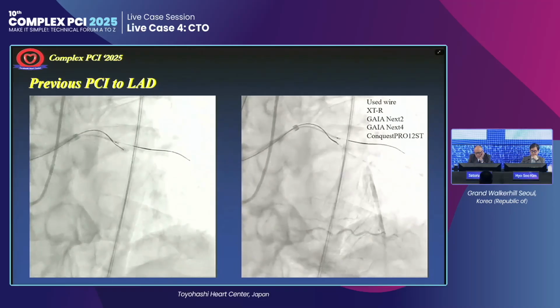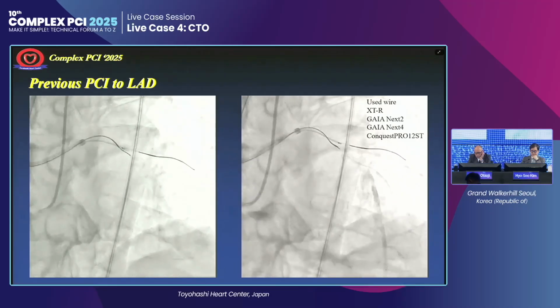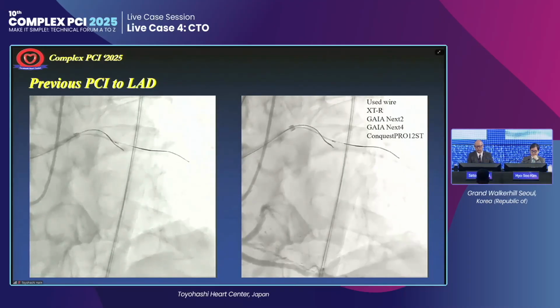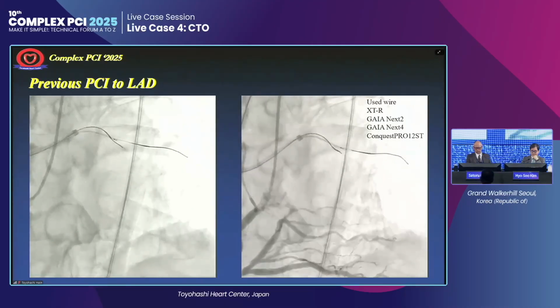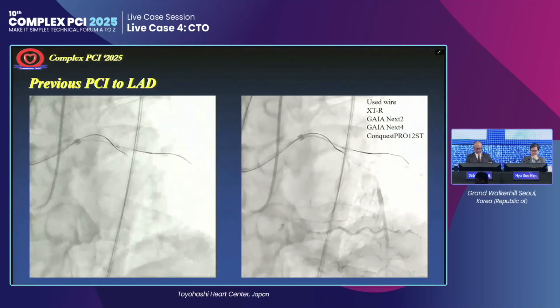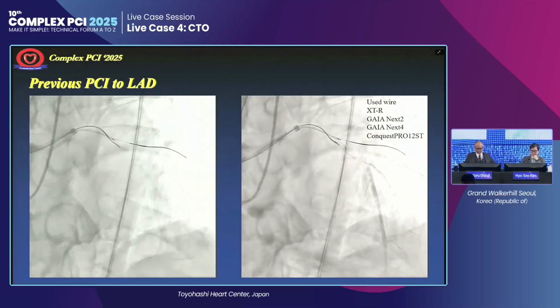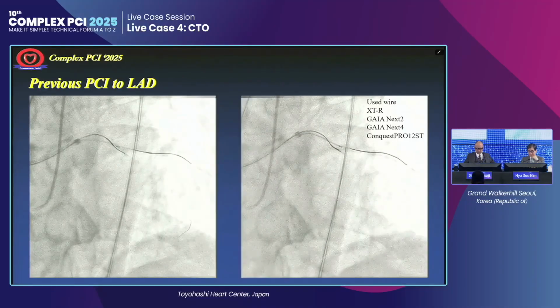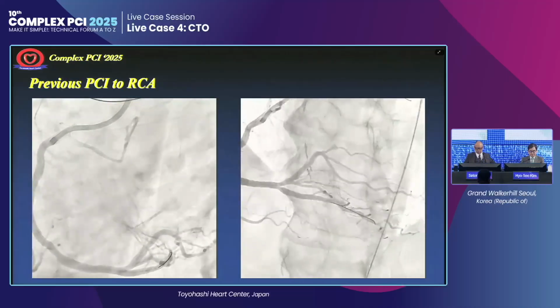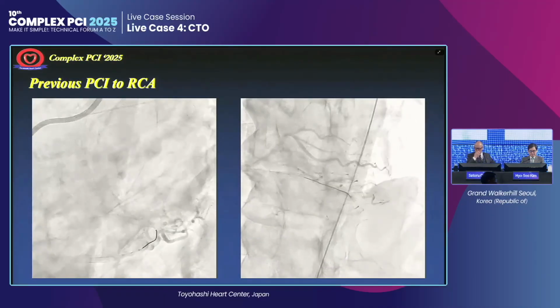Can you see that? We cannot confirm whether this course is true or not, so it was a little dangerous to continue with a stiff wire. At this time we decided to treat the RCA with a filter wire.